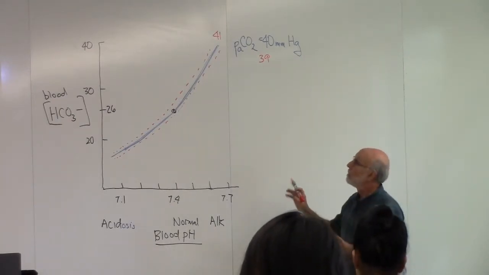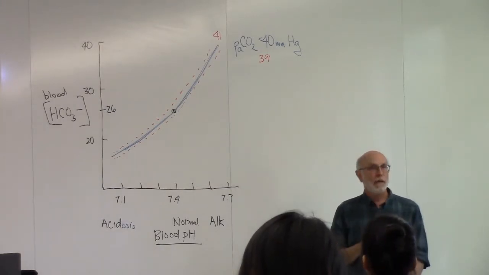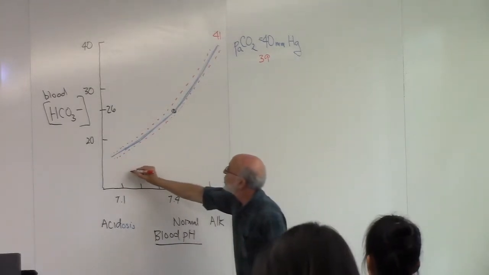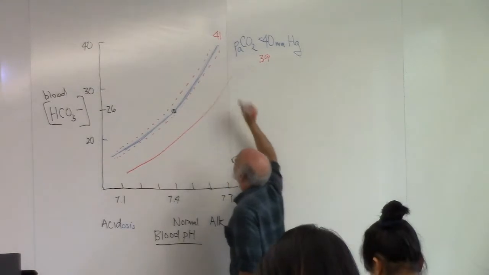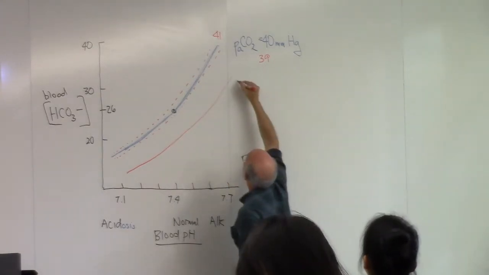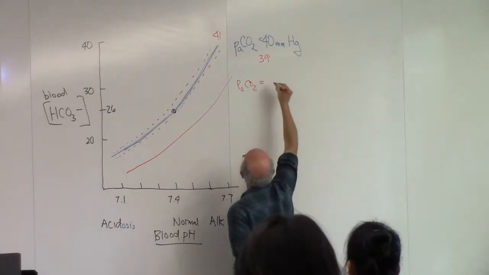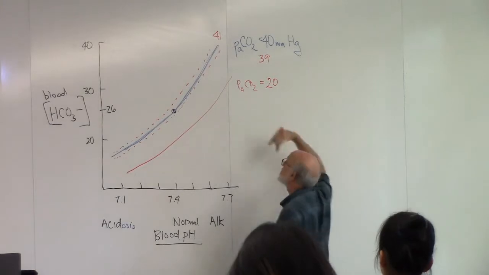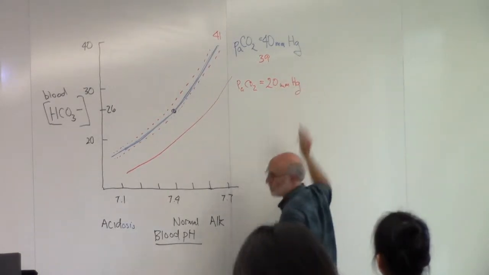So I'm going to use the example that is in your handout. Let's go to a curve that is out here where the PaCO2 is 20. Isn't that right for the curve? The one down here is 20 millimeters of mercury.